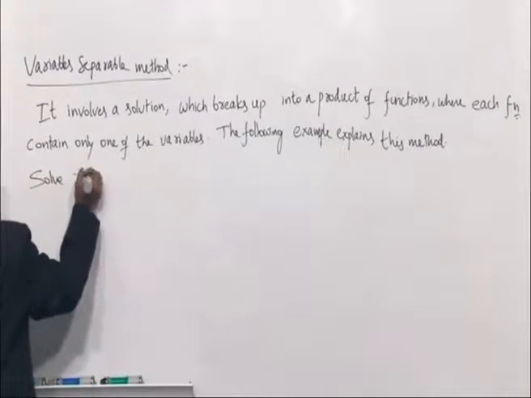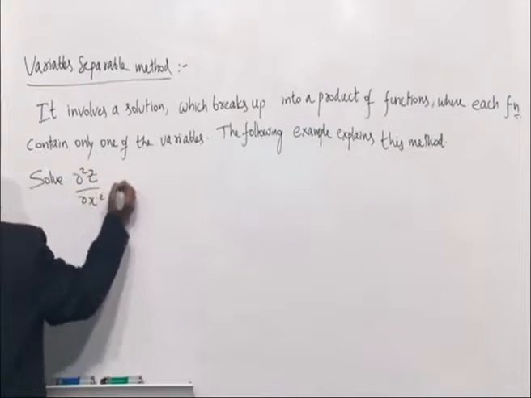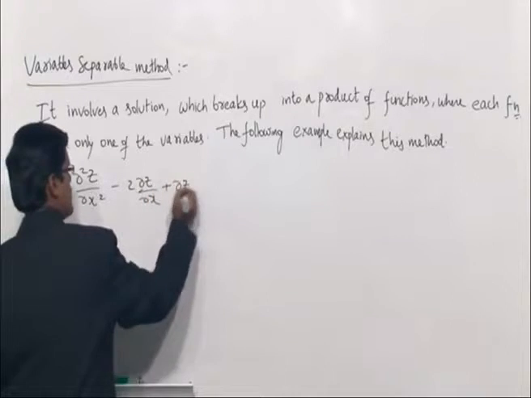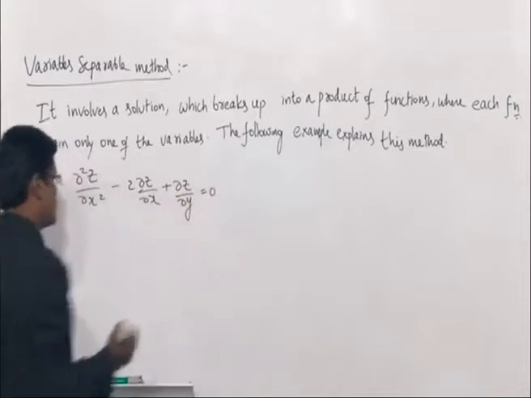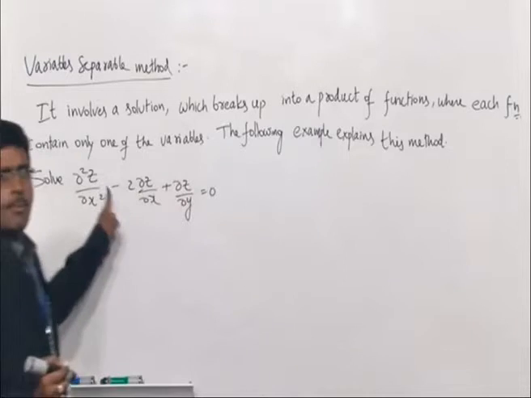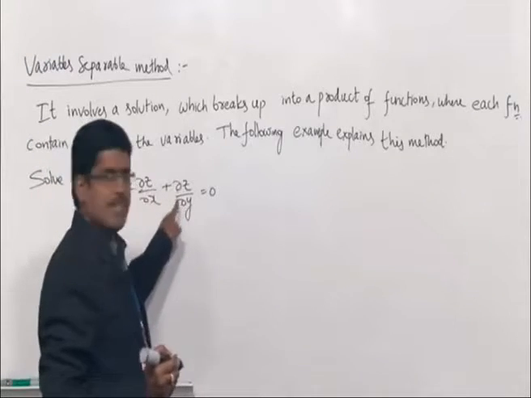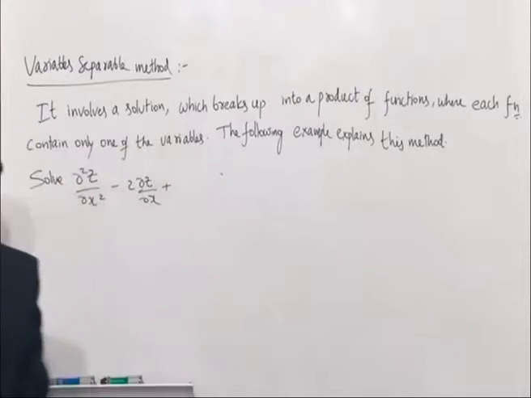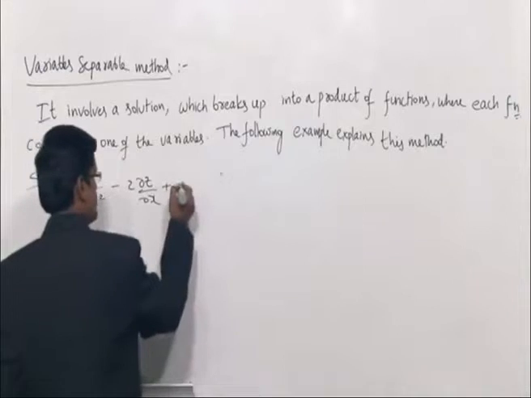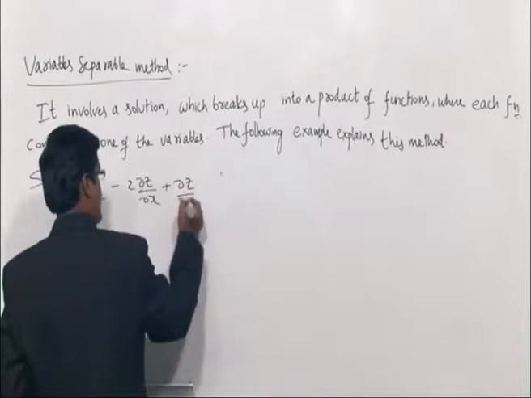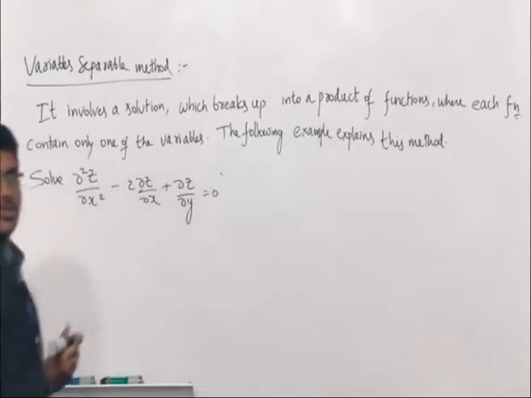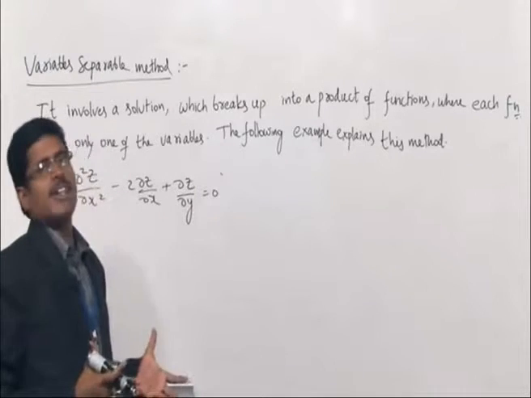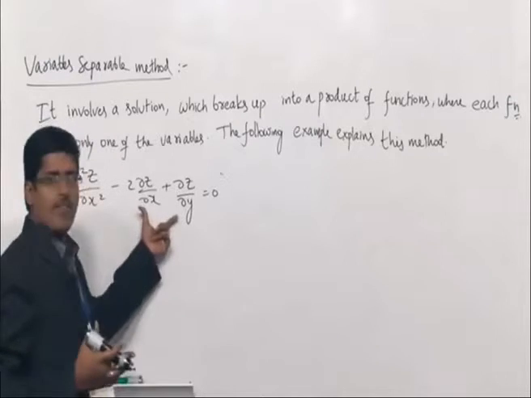Solve del square z by del x square minus 2 times del z by del x plus del z by del y is equal to 0. Here z is the dependent variable, that is, the unknown function. After finding it, it becomes a solution in terms of the two independent variables x and y.